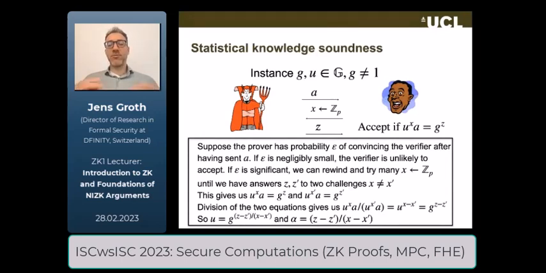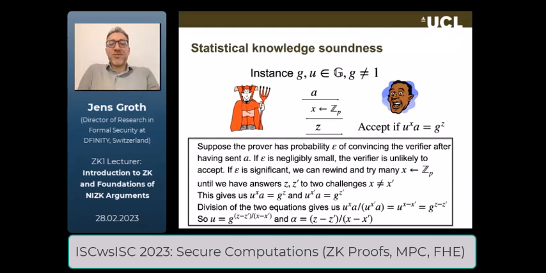The reason it's a proof of knowledge is that we imagine the prover, after having sent A, has some significant chance, epsilon, of convincing the verifier. If it had a very small chance, then we don't worry about it. But if it really had a good chance of convincing the verifier, then in real life it would never accept to answer two challenges, but we could imagine such a successful prover would be able, in principle, to answer multiple challenges.